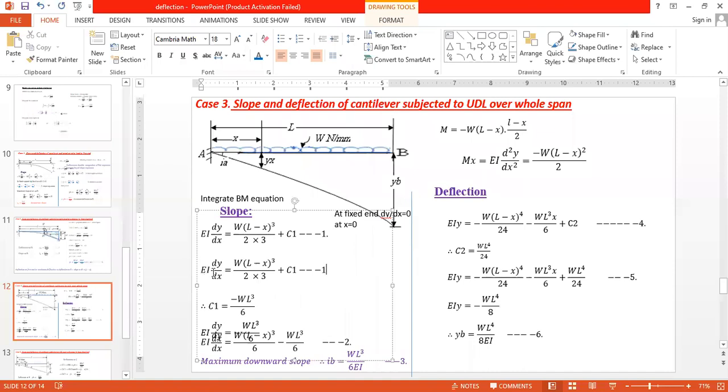We are calculating dy by dx at x is equal to 0.